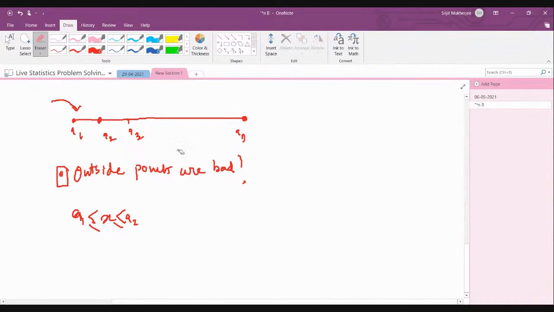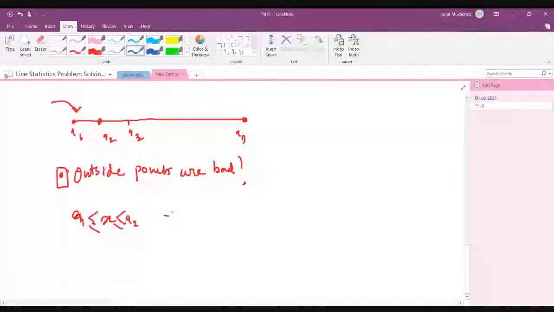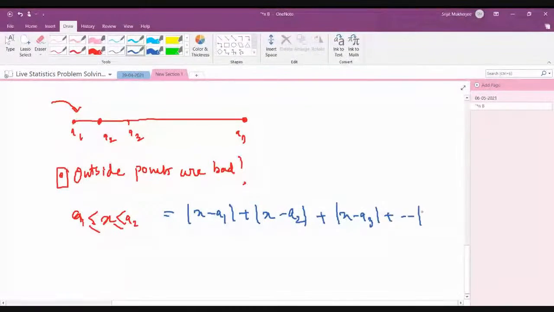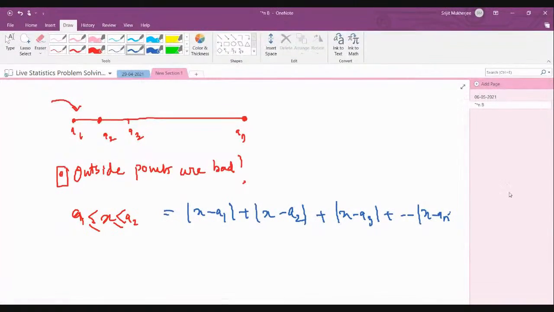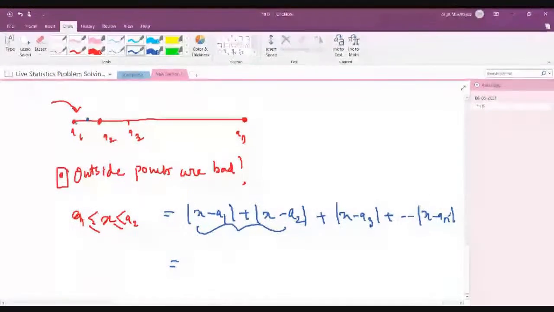For x between a1 and a2, the sum is modulus of x minus a1 plus modulus of x minus a2 plus modulus of x minus a3, dot dot, modulus of x minus an. So what is this? Can you tell me? Since x is between a1 and a2, this distance plus this distance is a1 a2 for all x.